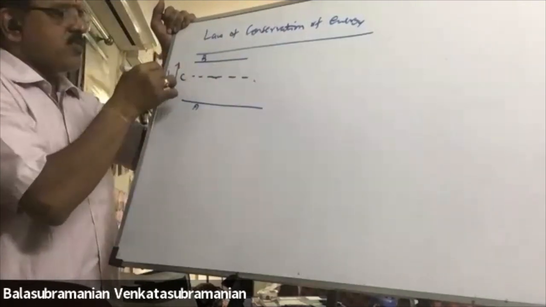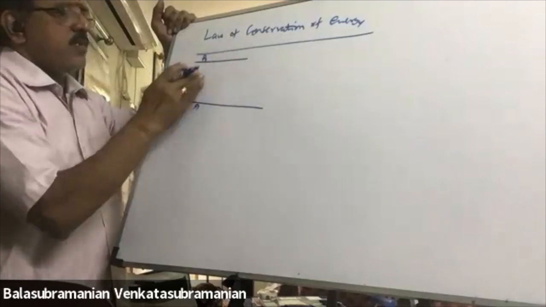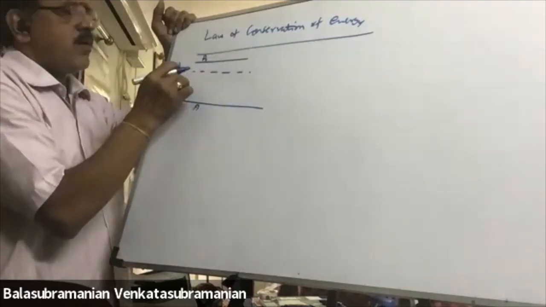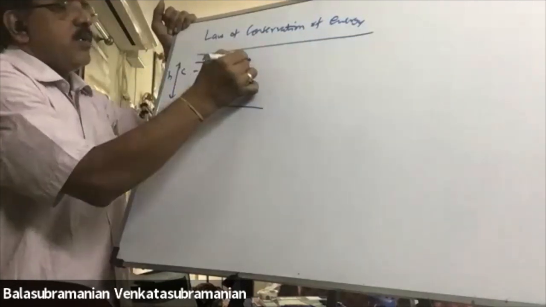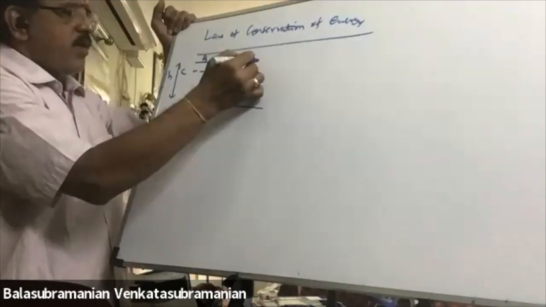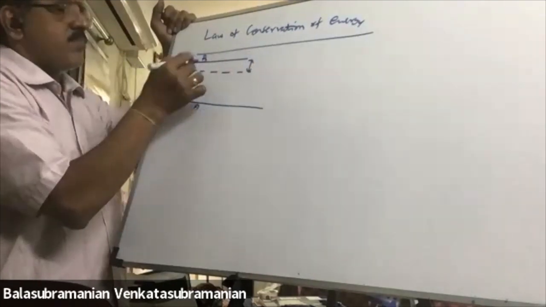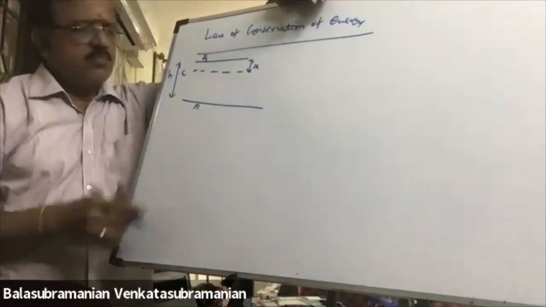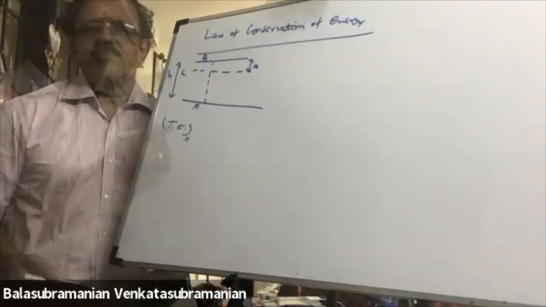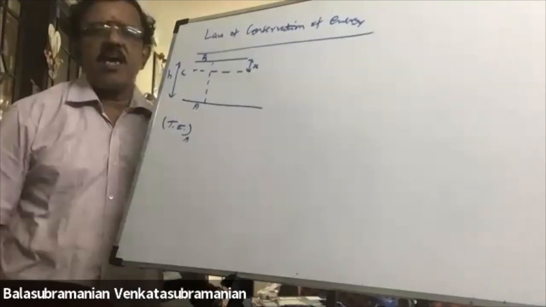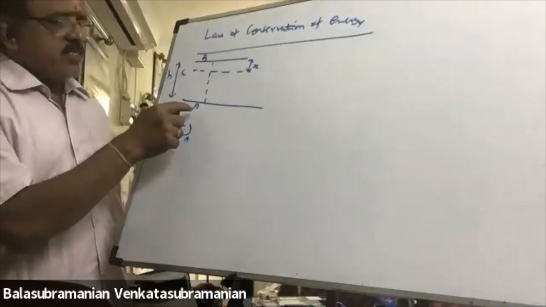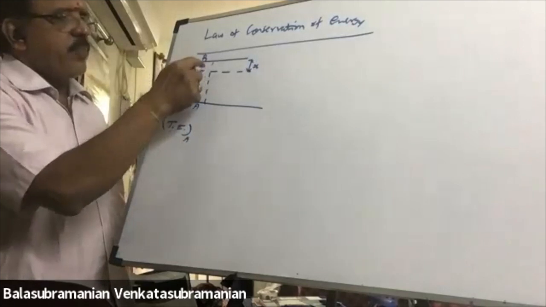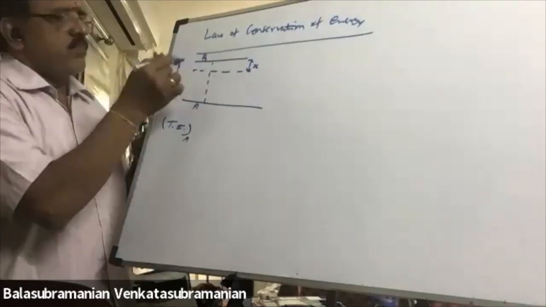A and B are raised to a height h. C is at a depth of x from the top. What is the total energy at the three places, at point A, at point B, at point C?